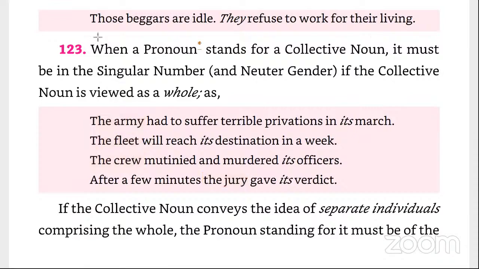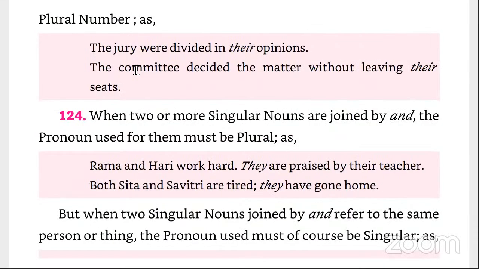Let's see. The jury was divided in their opinions. Now, why did I say their here? Because now in the group, there are many small groups. The jury is no more a collective singular. Some people are saying yes.